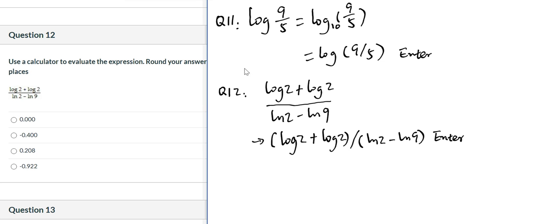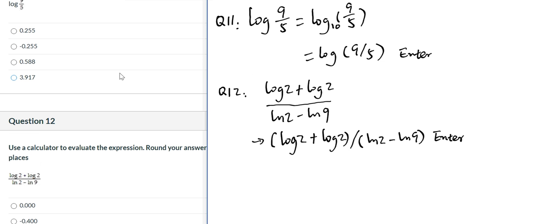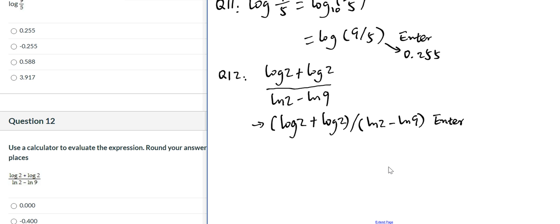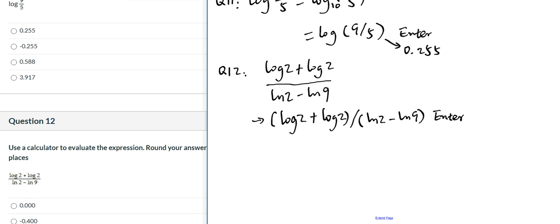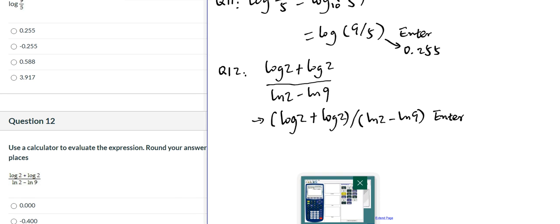What was the answer for the previous one? This one was 0.255. And what do we get from here? Let's get our calculator out.